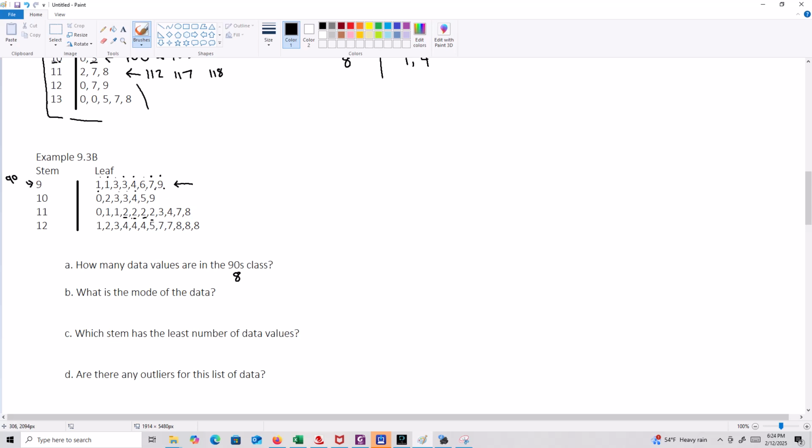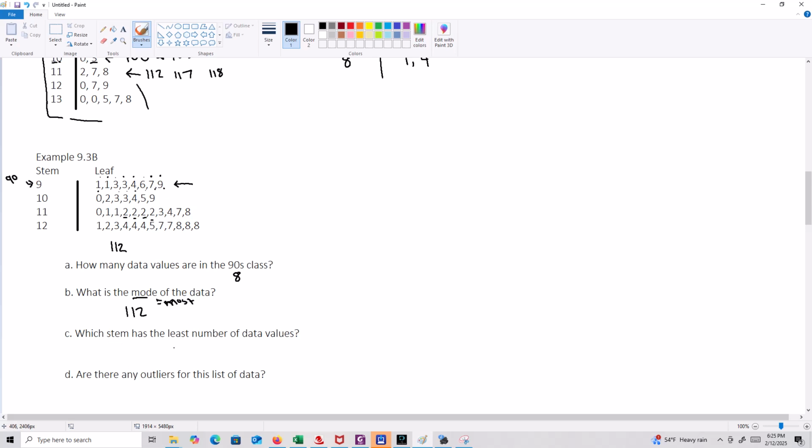And they're showing up on the same row of leaves. That's what's important, because these 4 2s actually represent 112. So our mode of the data is 112. Remember, mode equals the most often occurring number.